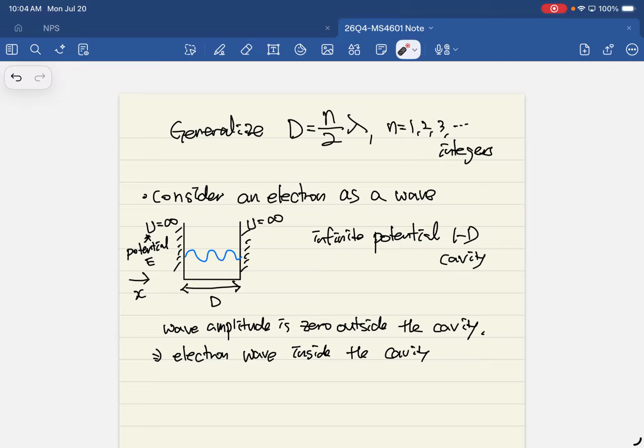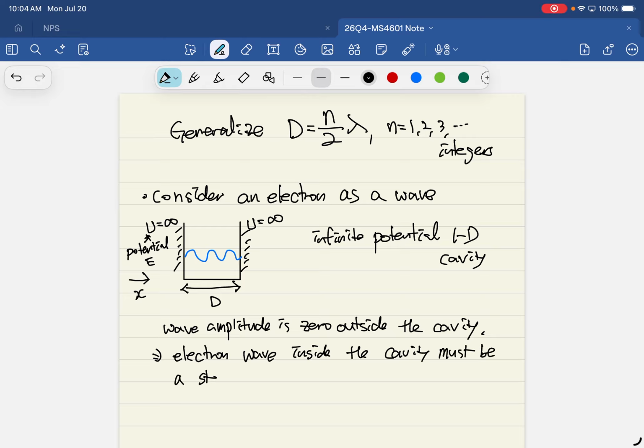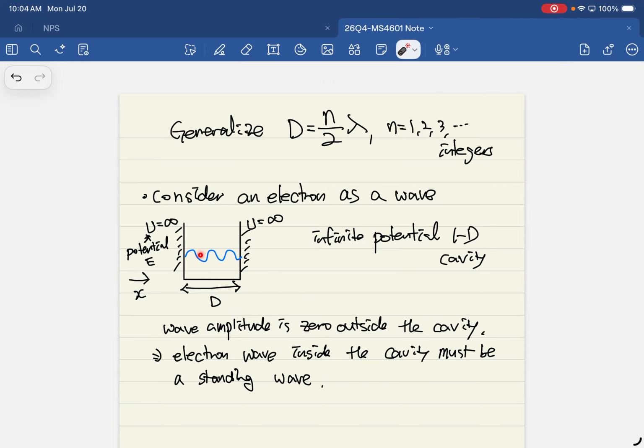What that means is that the electron wave inside the cavity must be a standing wave. Imagine that at the end the amplitude is 0. What does that mean? We are essentially clamping both ends.